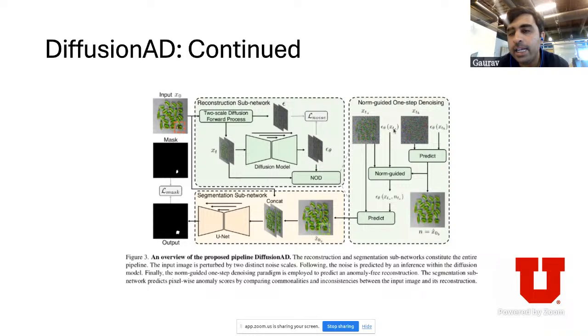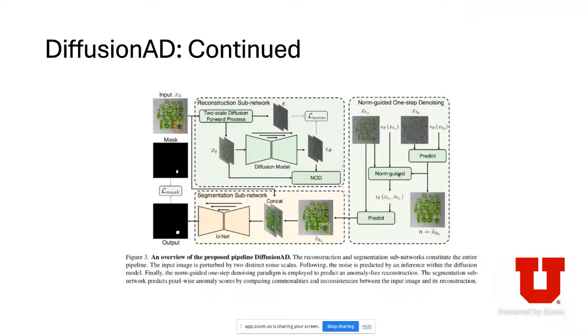But the XTS prediction is being made with a certain guidance, or a conditioning mechanism, which is coming from the previous image, X not B, this one.